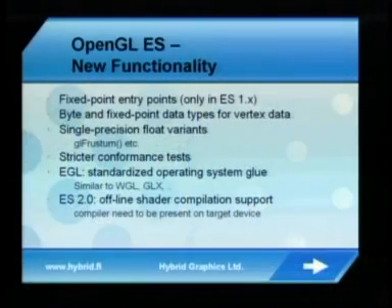But keep in mind that it's only in the ES 1.x track, and 2.0 won't be having those anymore. And then we added byte fixed point data type for the vertex data. Some of the OpenGL calls are double precision only. Single precision variants were introduced in place of those.